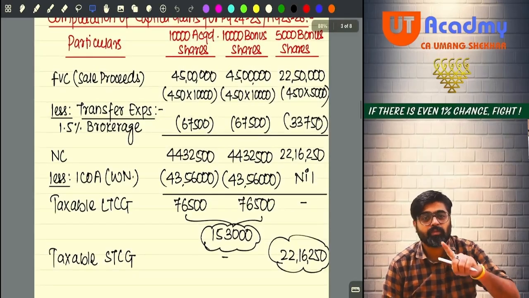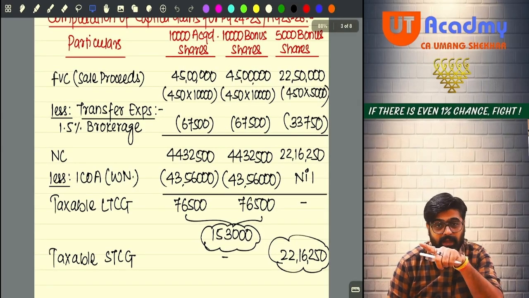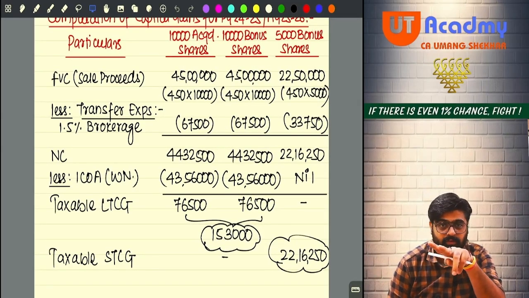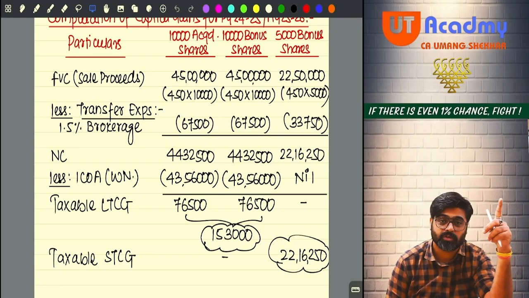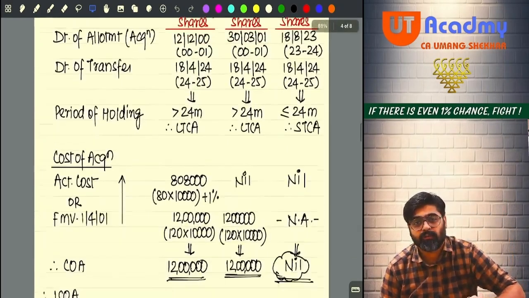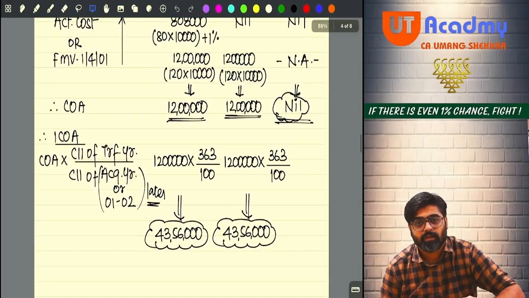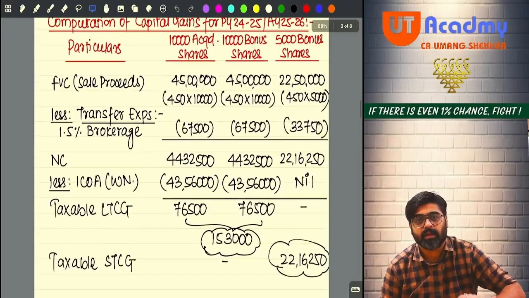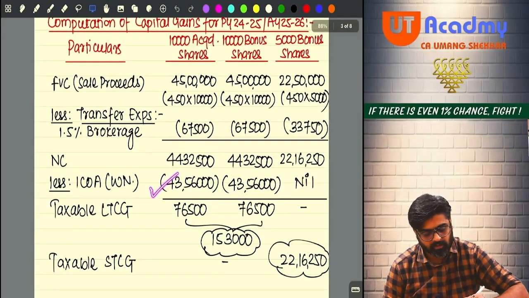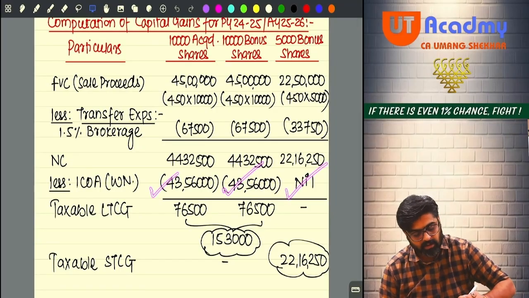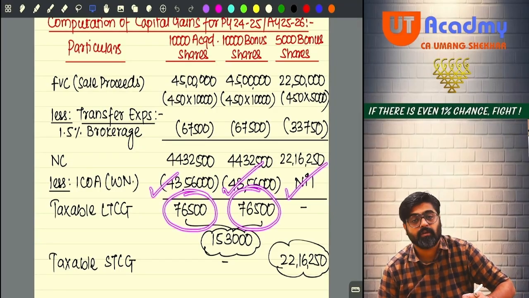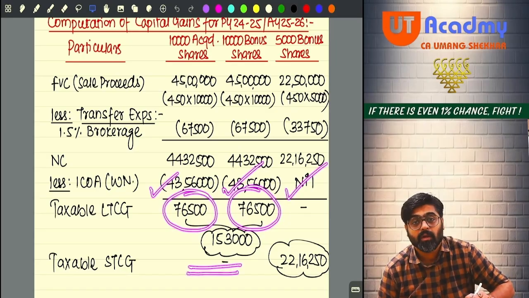Now out of this, will you reduce cost or index cost? Everywhere index cost. First two cases index cost, last case cost only. Index cost what we have calculated, no? See, the same amount we are going to write here in the calculation. 4356, 4356 and nil. Here your capital gain will be 7600, 7600. This is your taxable long-term capital gain.